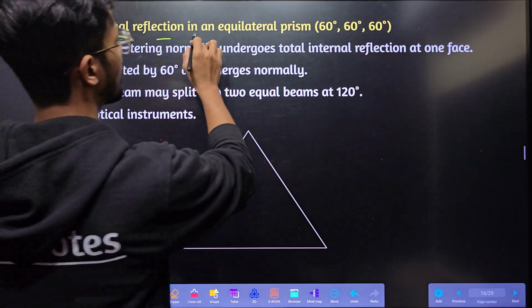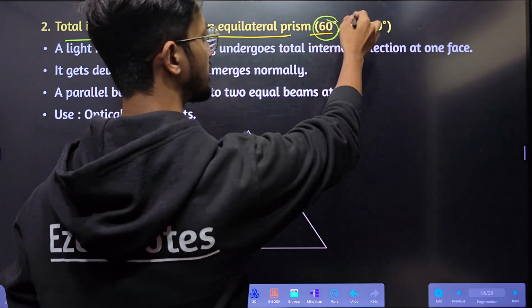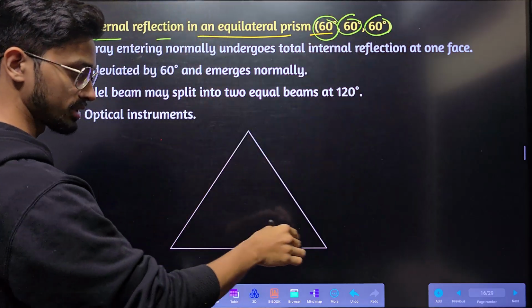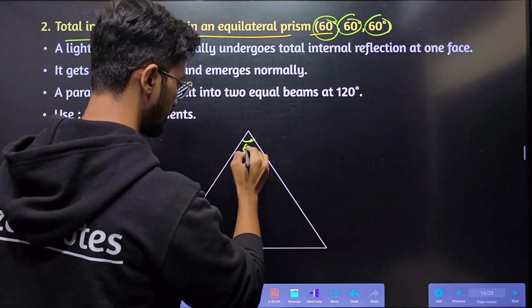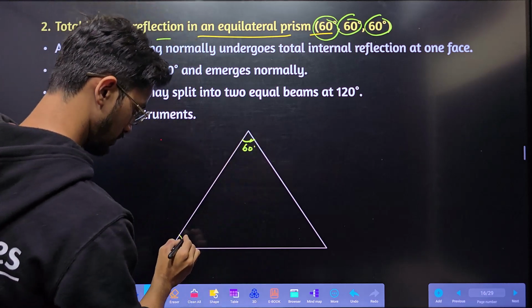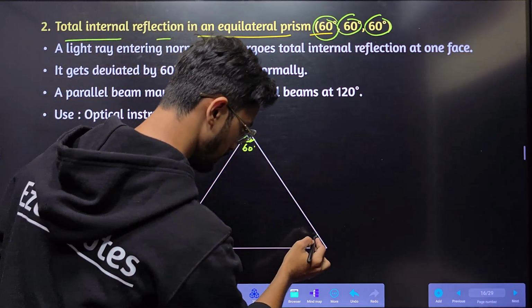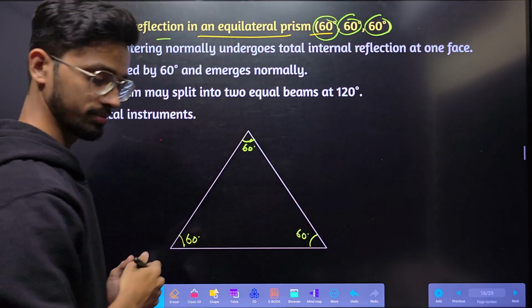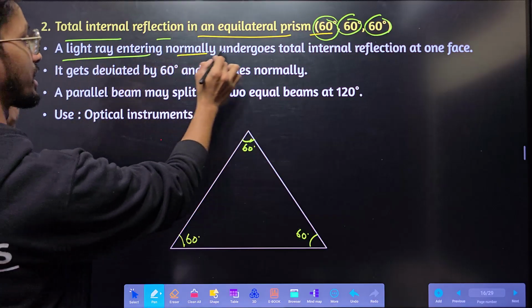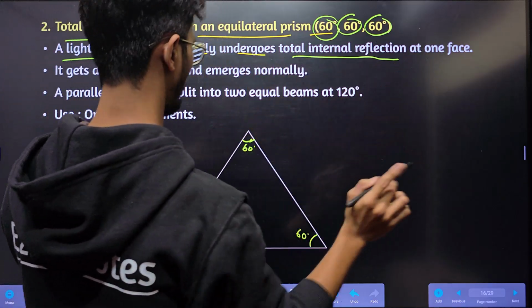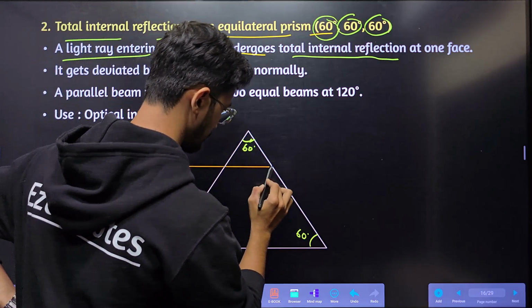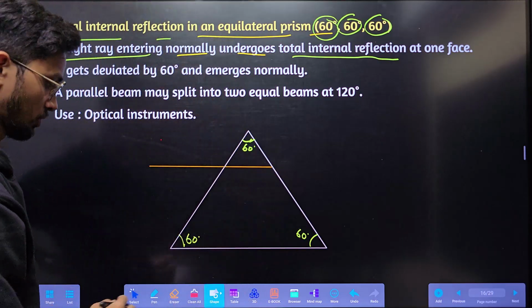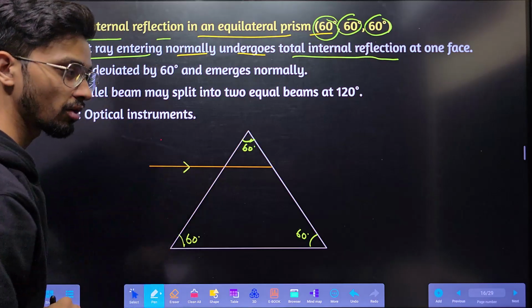Next, TIR in an equilateral prism, 60, 60 and 60 degrees. A light ray entering normally undergoes TIR at one face. So it will enter like this normally. What happens now? It's entering normally.